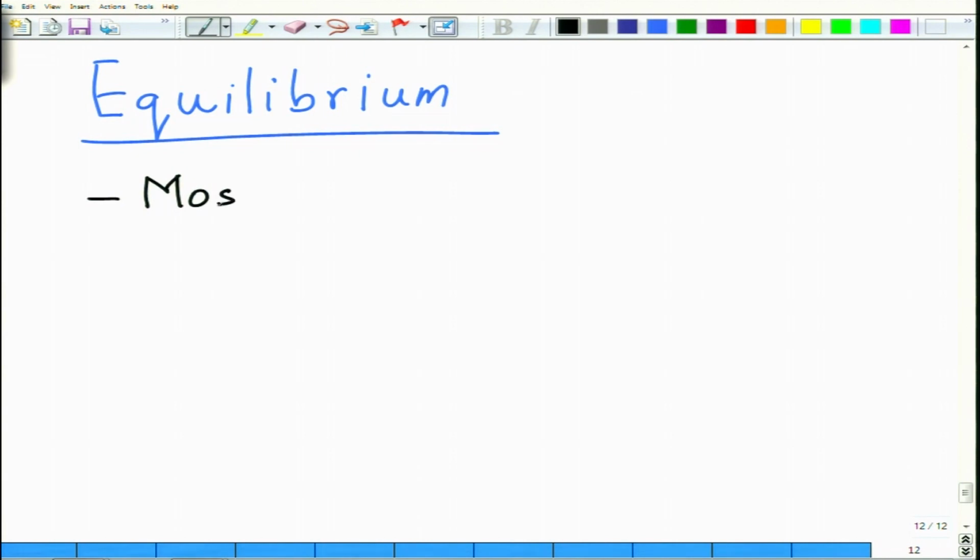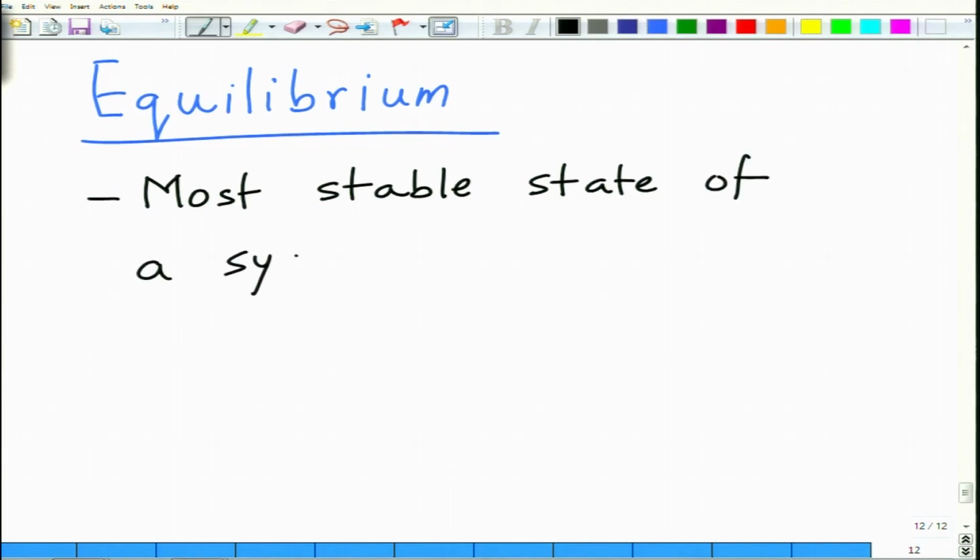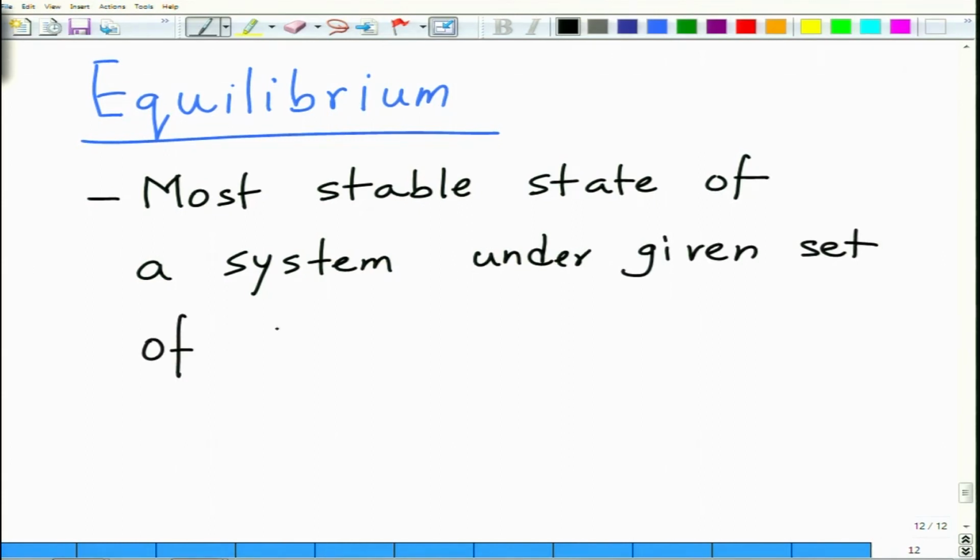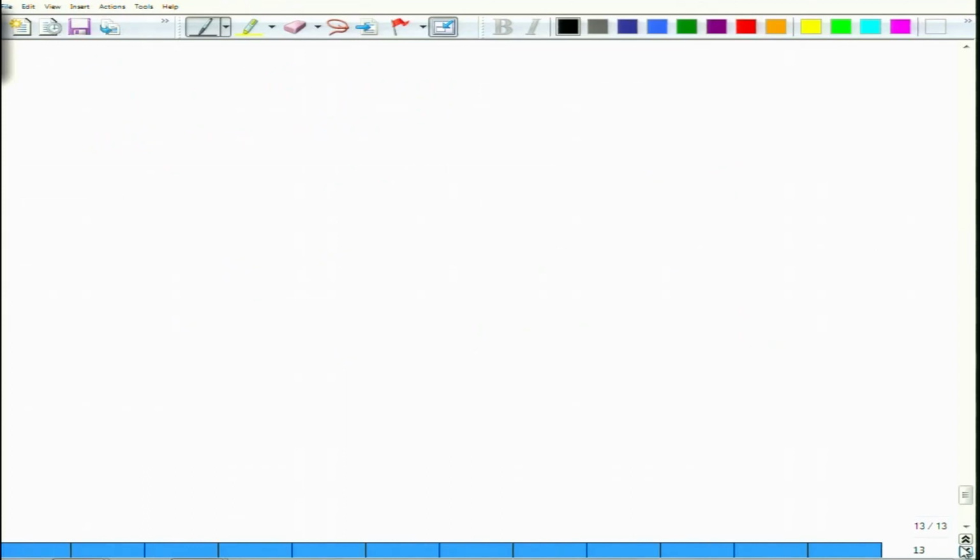So, basically you can define equilibrium as the most stable state of a system under a given set of temperature, pressure and composition.